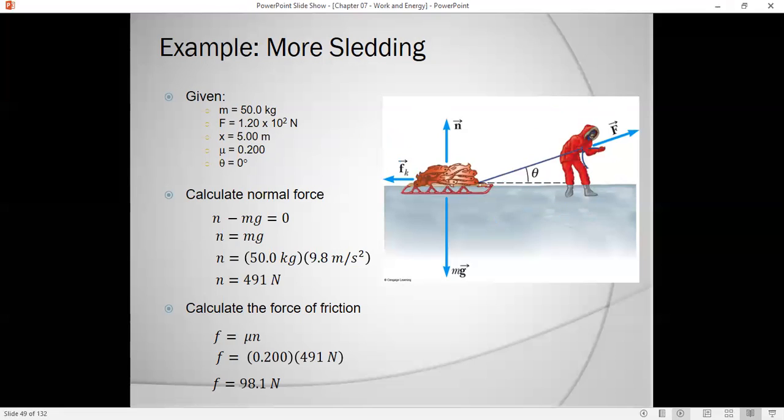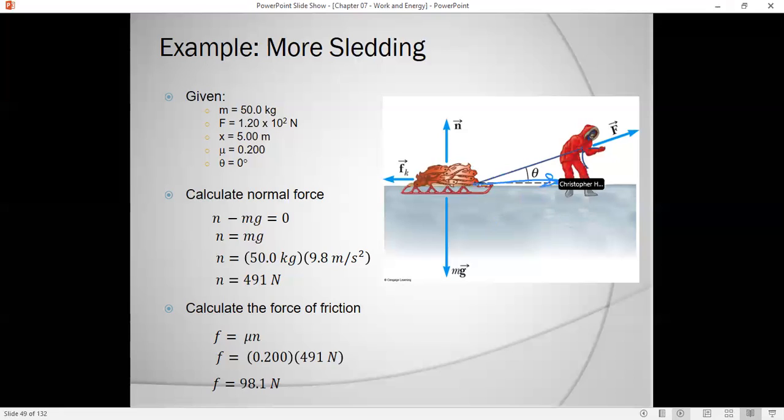Okay, first of all, what do we need to do? Well, we need to calculate the normal force. Remember, I'm pulling on the sled with a force at a 30-degree angle. So that means that this force does have some vertical component to it, as well as a horizontal component. Well, we'll do the first case first.